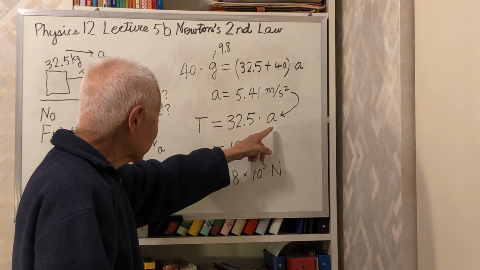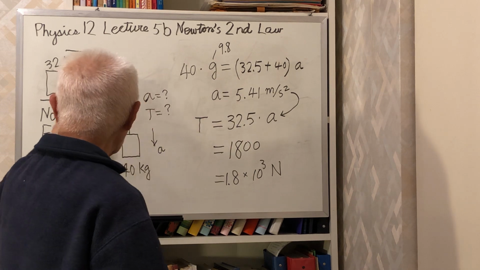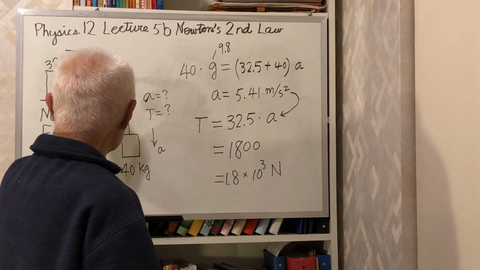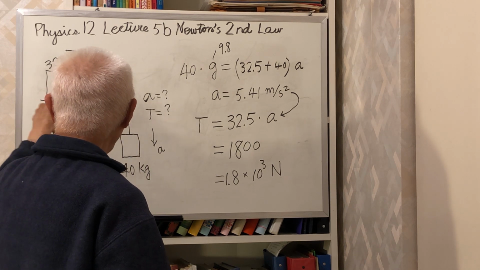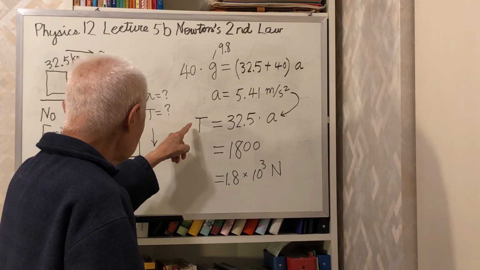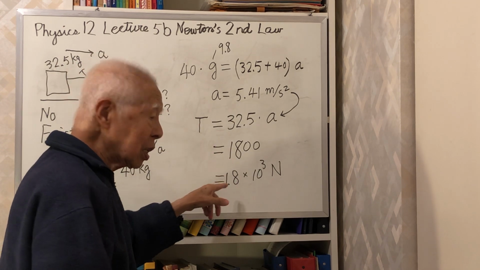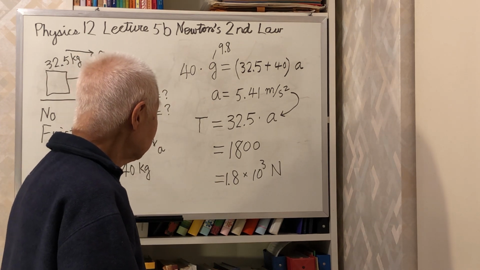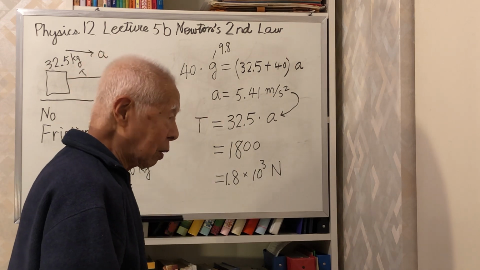Once you have the acceleration, you multiply by the mass of one block. You get a tension here, because this tension is applied to one block only. This is the internal force. So you have this, and you can write it in scientific notation. I hope you follow this work, all right?